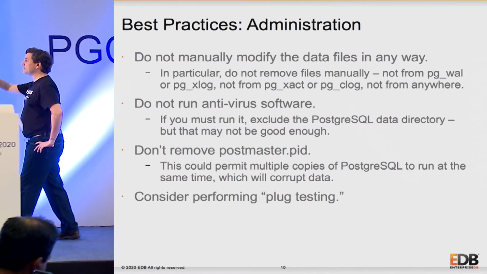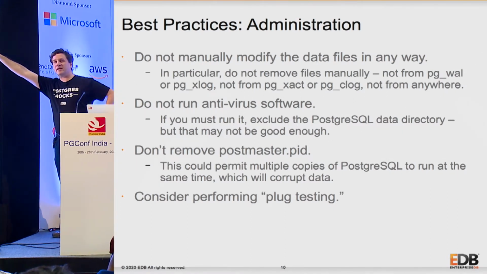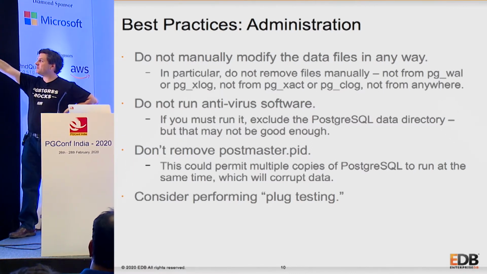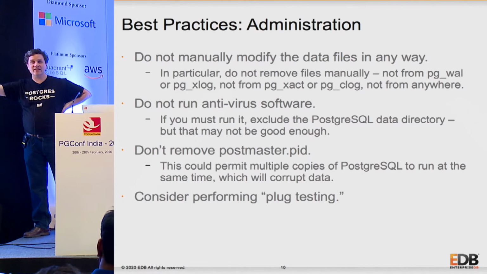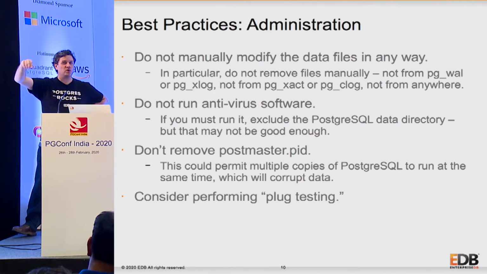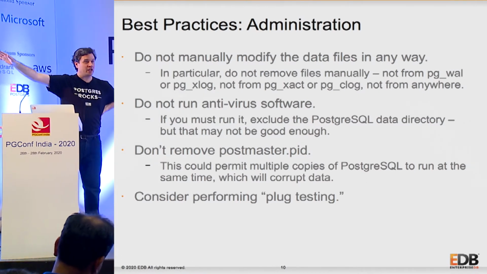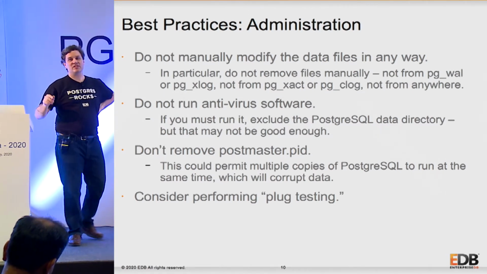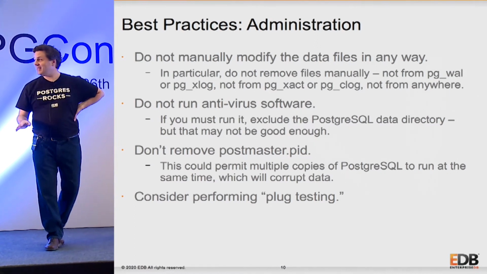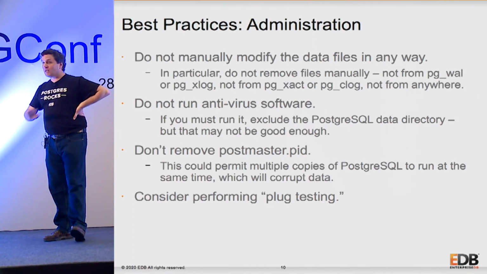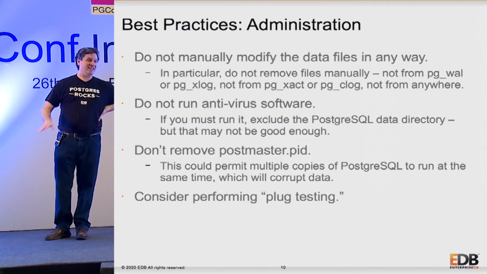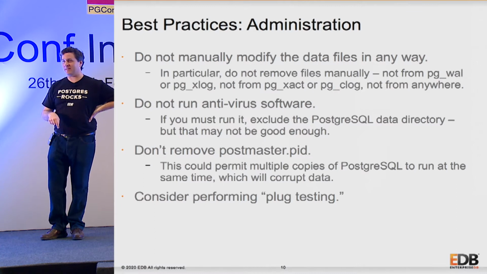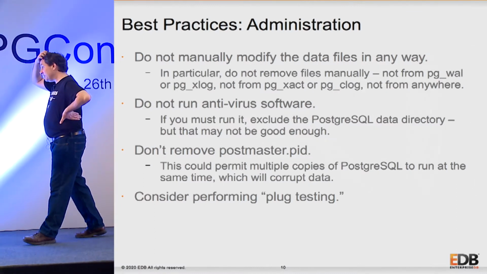In fact, one of the reasons why these directories got renamed from the old names of pg_xlog and pg_clog to the new names of pg_wal and pg_xact is because the PostgreSQL developers were hoping that if we didn't have log anywhere in the name, people would be less likely to think that this was something that they could just blow away. Regardless, don't blow away any files in the data directory. You need to get the database to blow away the stuff you don't want to be there anymore. You can't do it yourself.